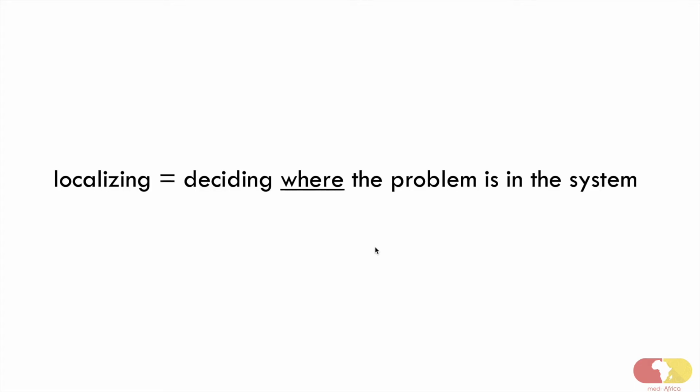I'm going to describe the concept of localizing, or localization of lesions. And this is a word that neurologists like to use a lot, but it has a very, very simple definition behind it. So the simplest way to explain localizing is figuring out where the problem is in the neurological system.